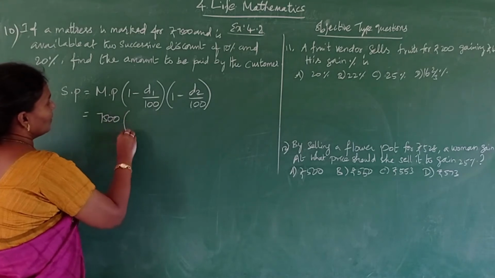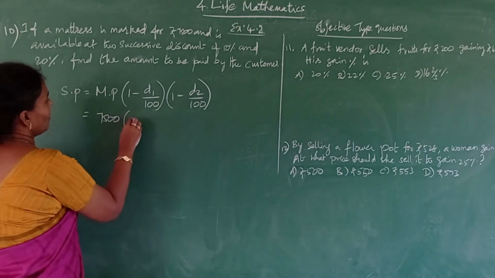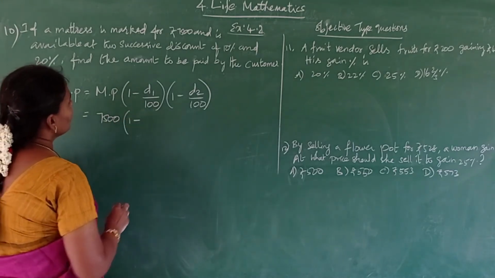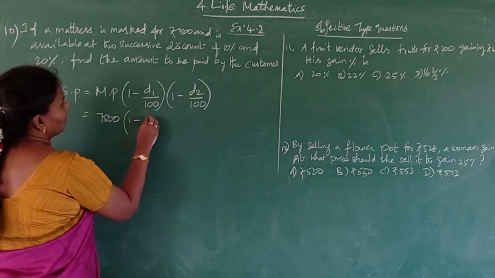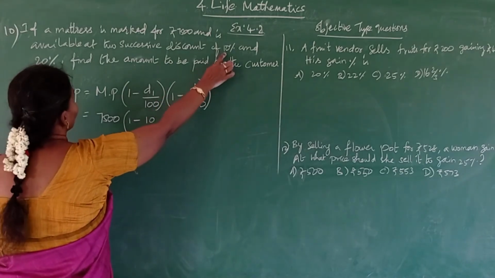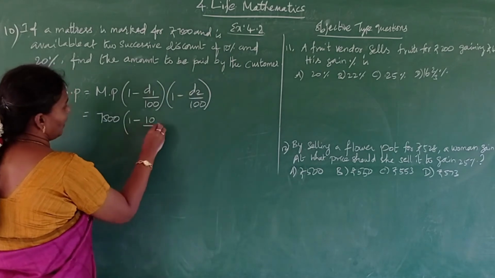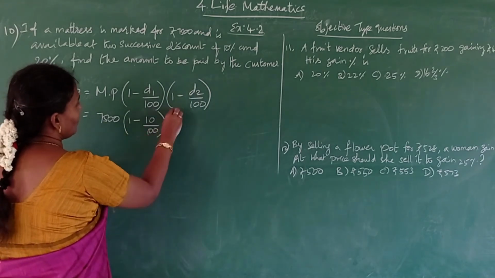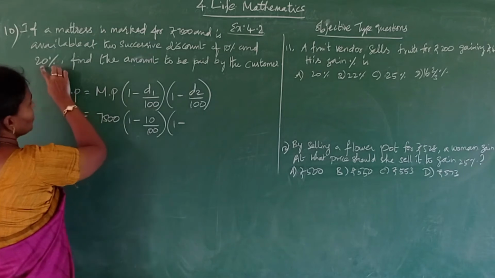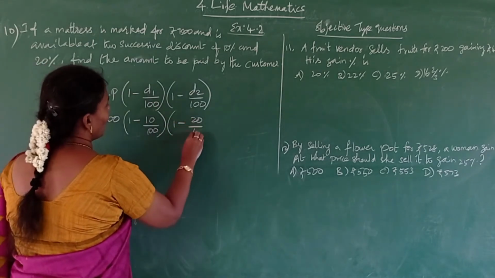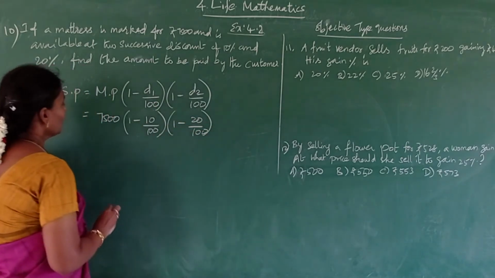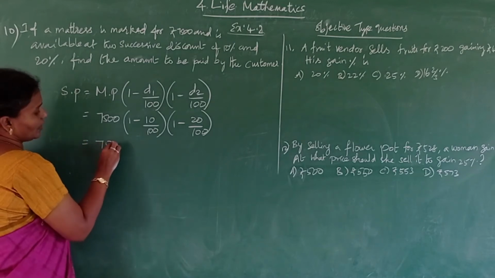7,500. Okay. Of say 1 minus what is that? The first discount is 10%. So 10 by 100 of 1 minus here D2 is 20, 20 by 100. Okay. Now 7,500.